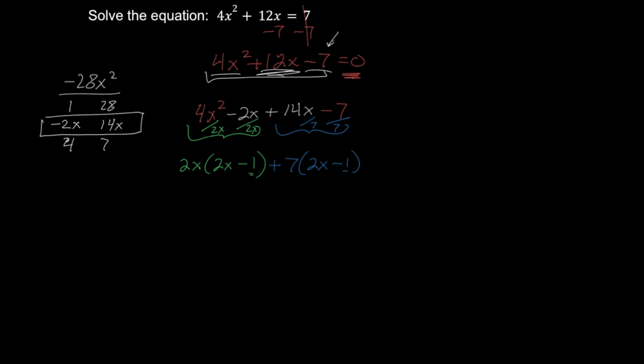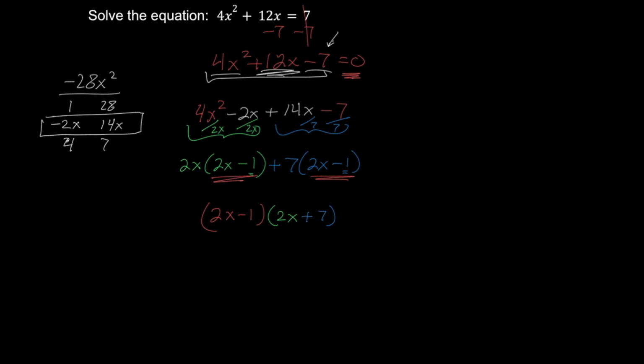So there we go. Again, we need that placeholder of the 1 there. And once again, we should see the same thing in both groupings, the 2x minus 1. If I pull that out, that will give me 2x plus 7 left over. And now, if we were just factoring, we would be done.